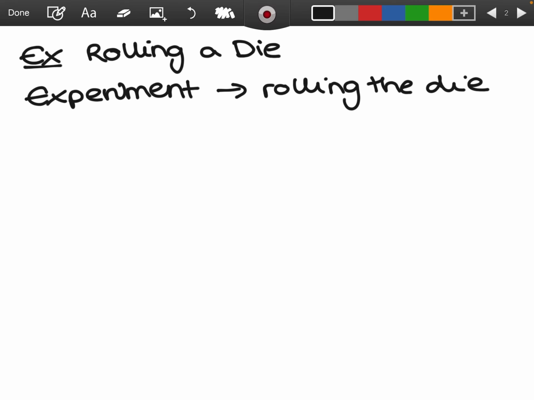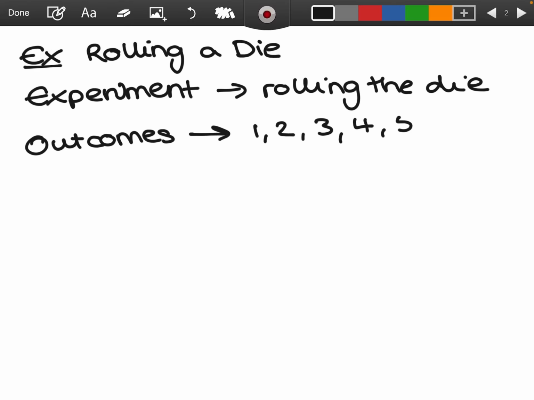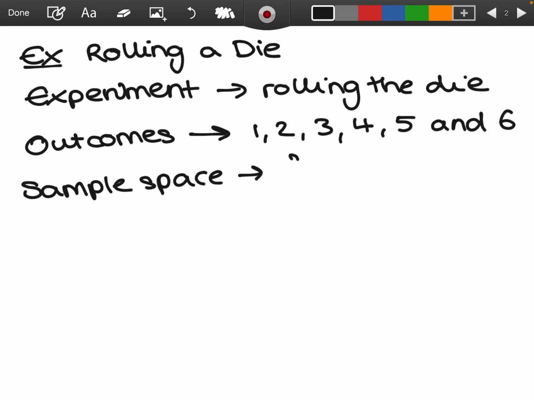The next thing is the set of outcomes. So the outcomes are just the numbers 1, 2, 3, 4, 5, and 6. That's a set of all possible results that we can get from rolling a die. The sample space is the set of all outcomes. It's going to be the set 1, 2, 3, 4, 5, and 6.